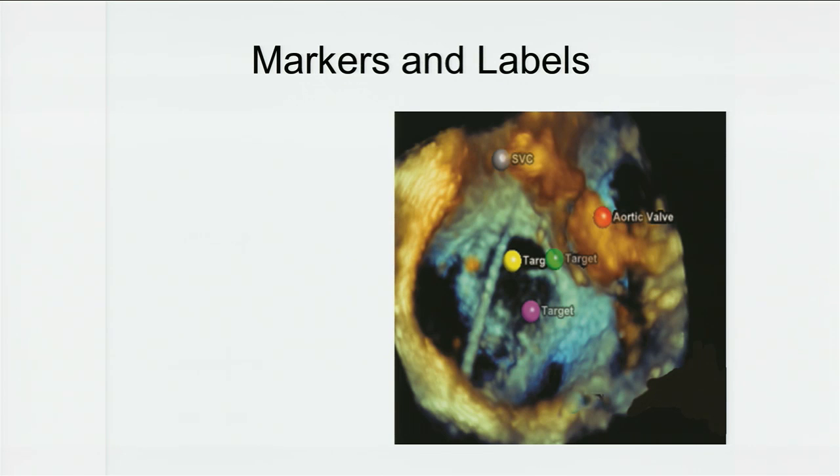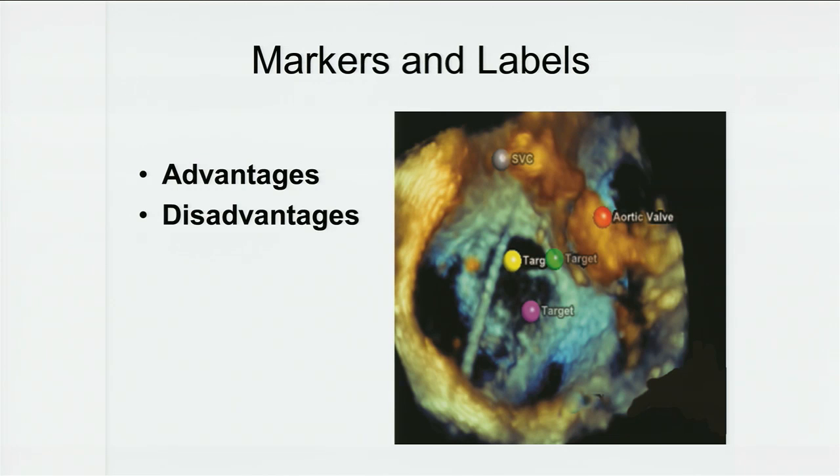So we can put the target around this ASD we're about to close, and so this is really a new world that allows communication amongst the team, so we all know what's going on, and orientation in the images. Currently there are some disadvantages in that this is fixed in space, but we know with ultrasound tagging that we can put a tag on an anatomical structure, and despite the beating, it can be followed. So that will be, I think, a next generation.